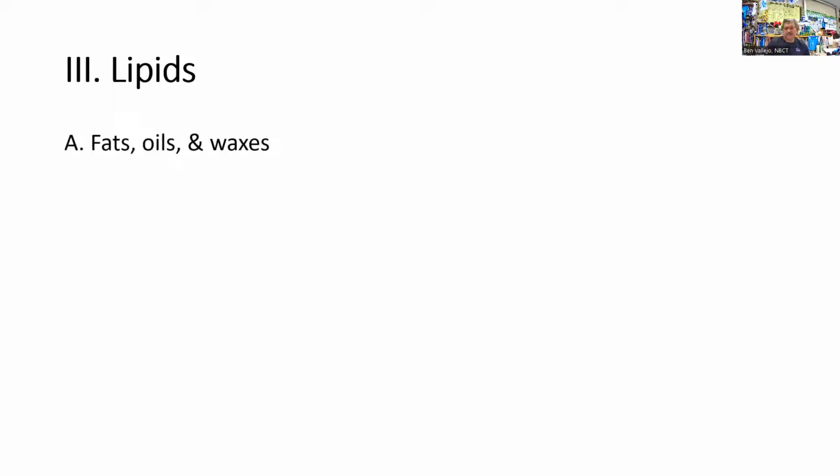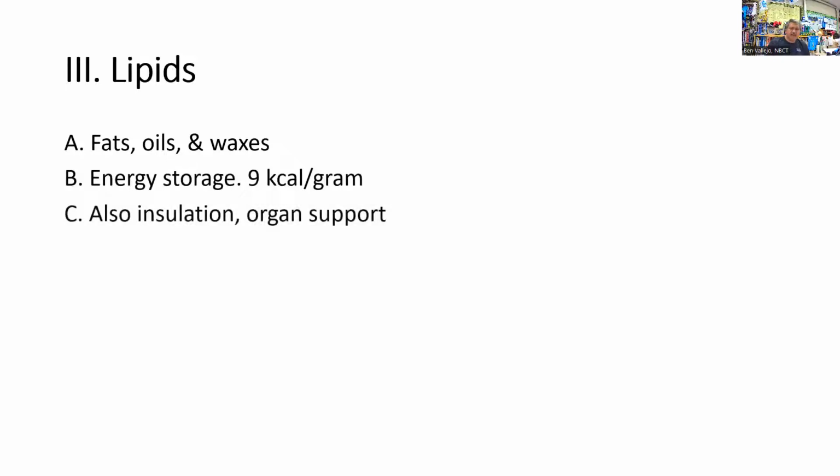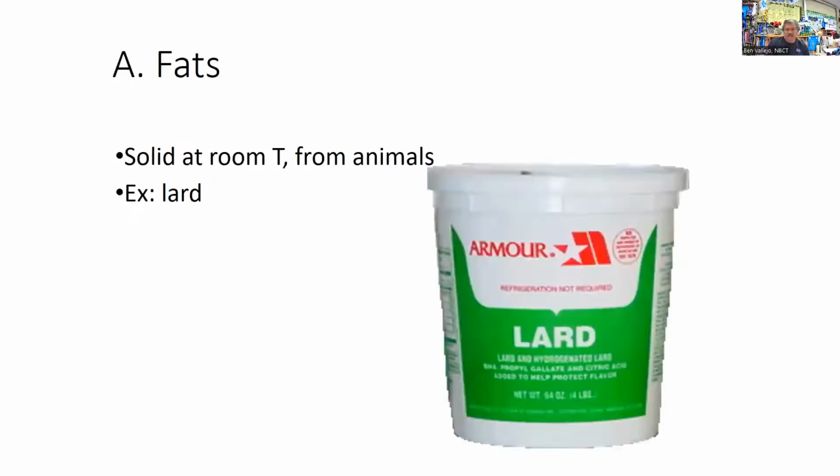The 3rd group is the lipids, and we're going to test for the presence of a lipid today. Lipids, their main job is energy storage. You can see they're very effective at storing energy, but they also can cushion organs and are also for support, but their main job is energy storage. They come in different forms, fats and oils.